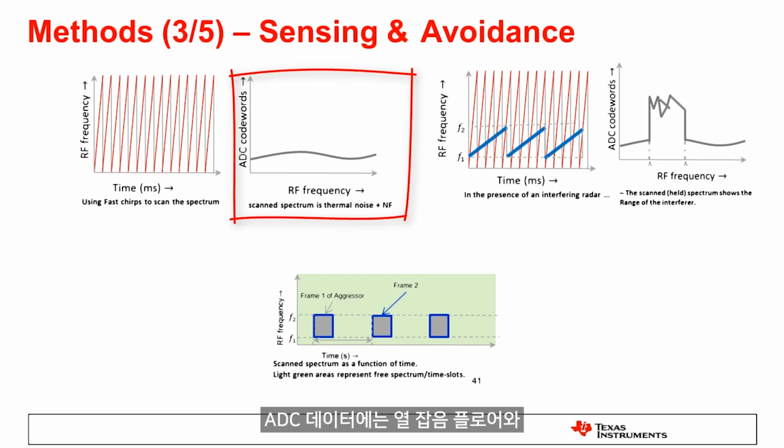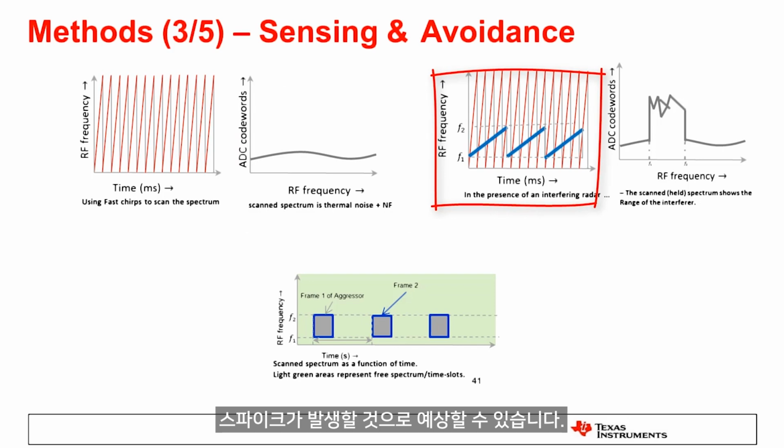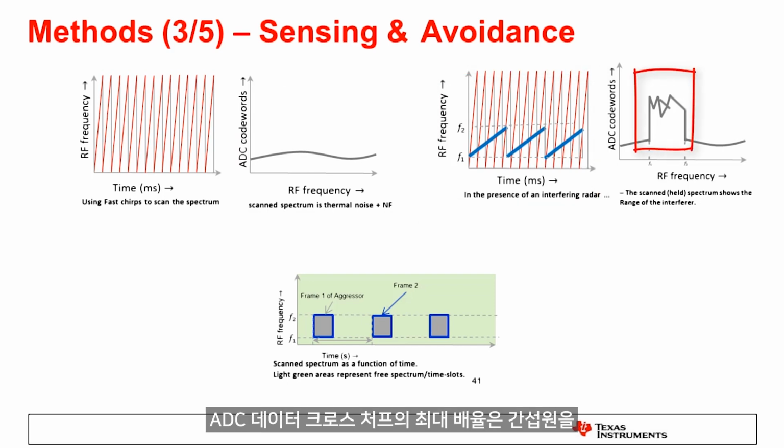The ADC data should only show the thermal noise floor and the noise figure. If, on the other hand, there are transmissions from another radar, we would expect spikes in the ADC data corresponding to the points where the crossing occurs. A max hold of ADC data across chirps would help show the interferer clearly.